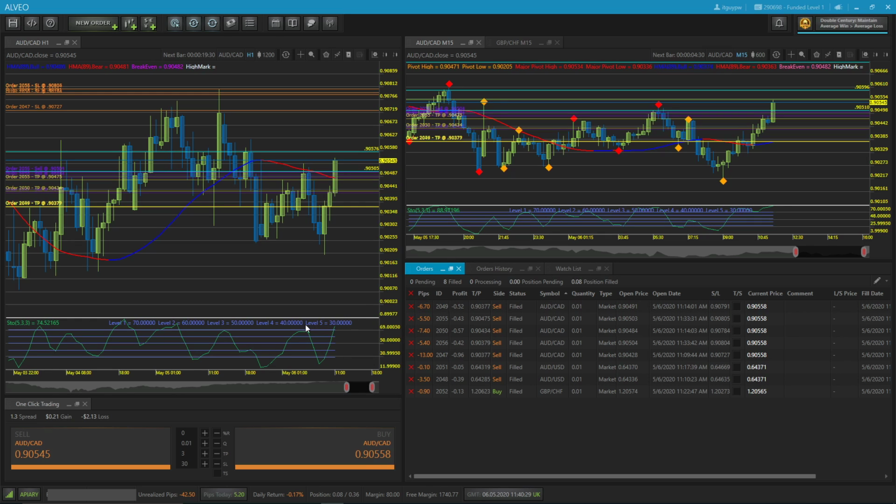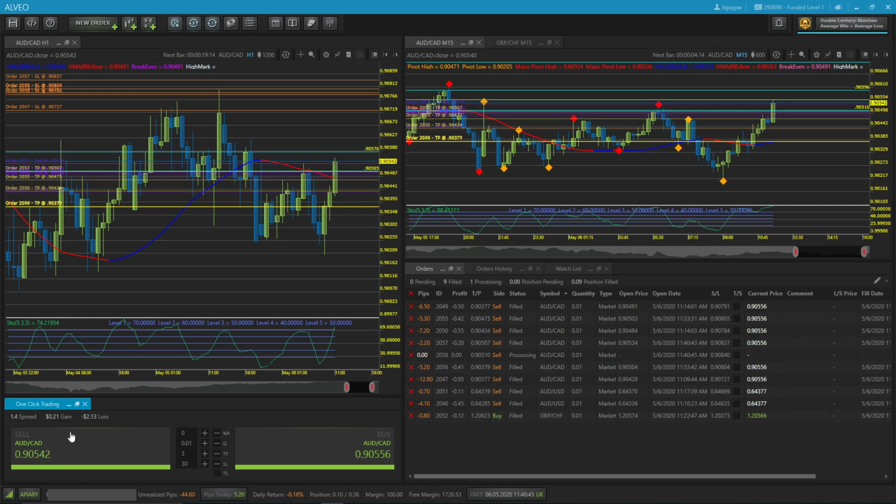Our stochastics definitely tell us that we're in a position to have some downward momentum. See, the last time those happened, it stayed true to it. So we'll see if that happens again. Starting to get a little bit of a wick, so I'm going to put a couple sells on, see if we can get that price to move down.